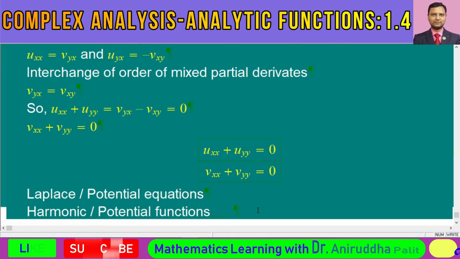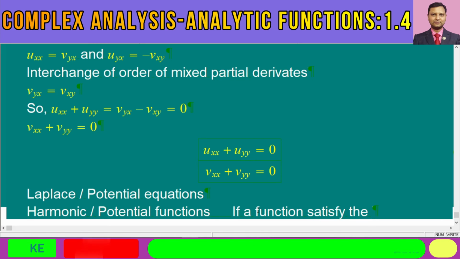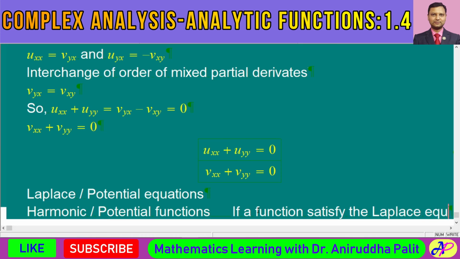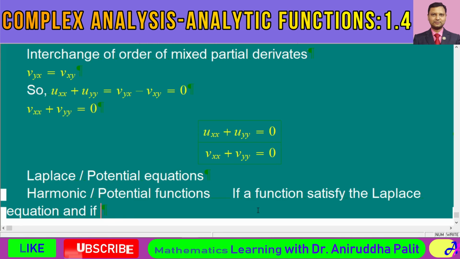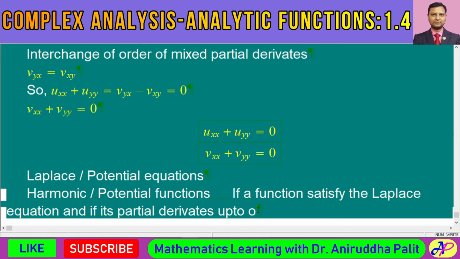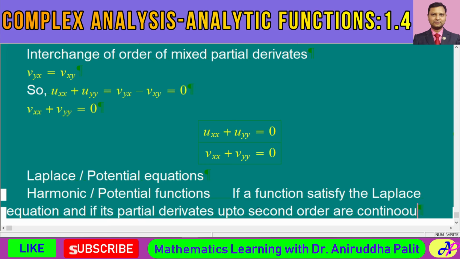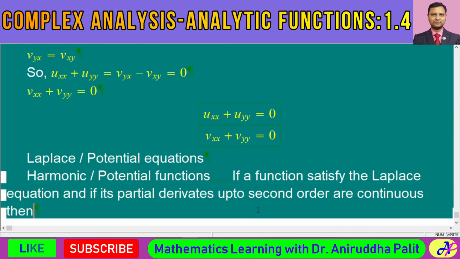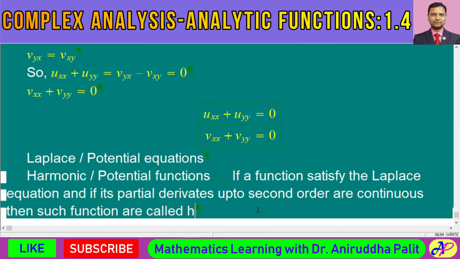A harmonic function: if a function satisfies the Laplace equation, and if its partial derivatives up to second order are continuous, then such functions are called harmonic functions.